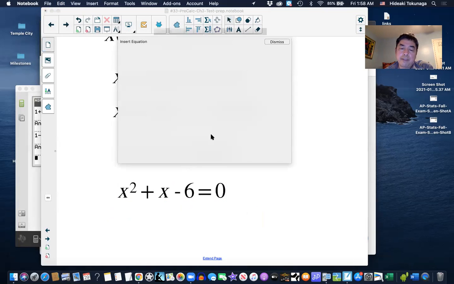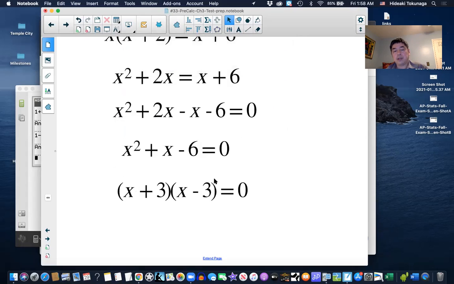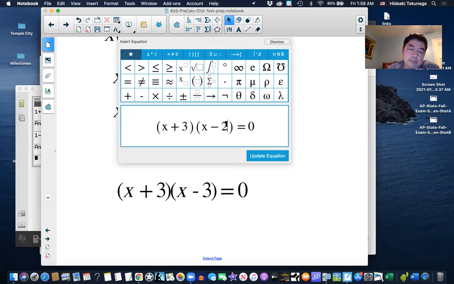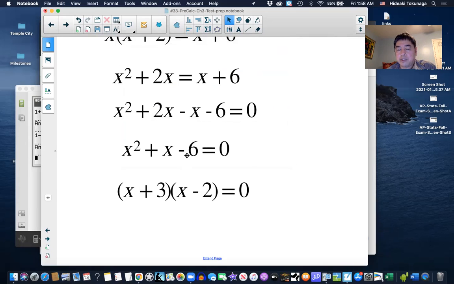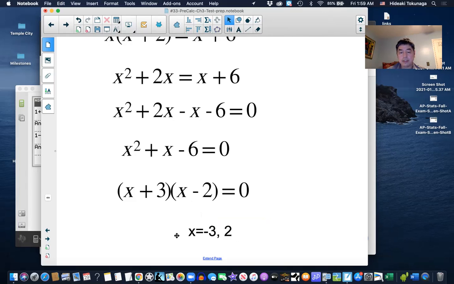So you can plug in x plus 3, x minus 2, sorry. So if you add, it's going to be positive 1. If you multiply, it's going to be negative 6. So x equals negative 3 and 2. Okay, this is the answer.